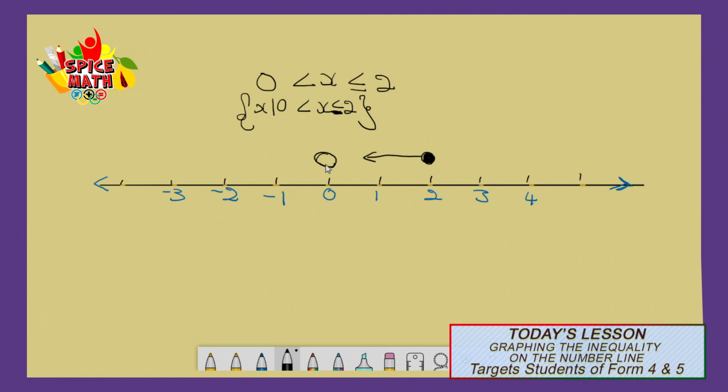But x is greater than 0, so we're going to put our arrow in the increasing direction. Now, for some of you, you do not necessarily need the arrow, but you can just draw a straight line connecting these two circles. So there you have it.